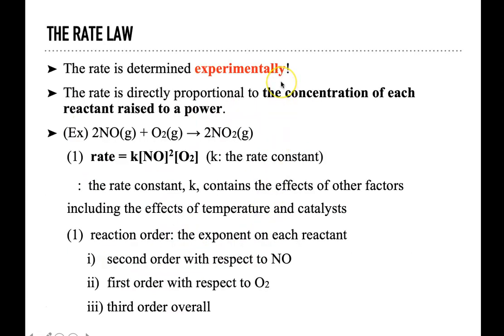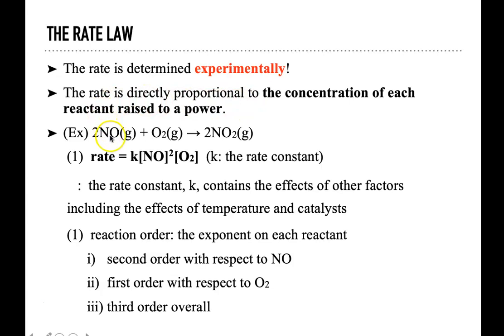One thing we need to keep in mind is that the rate should be determined experimentally. From a given reaction, we cannot tell the reaction rate. The rate should be proportional to the concentration of each reactant raised to a power, as we discussed in the previous slide. How densely populated each reactant is in a given reactor determines the reaction rate.